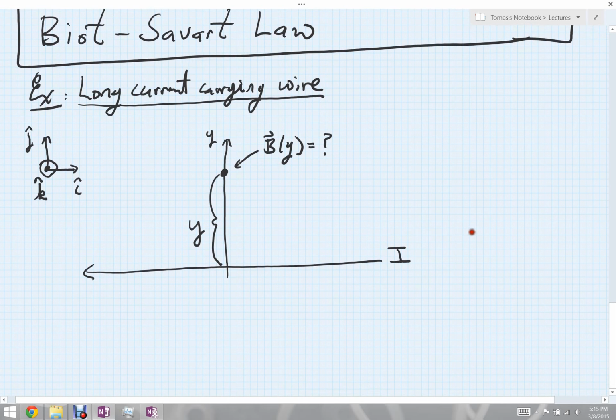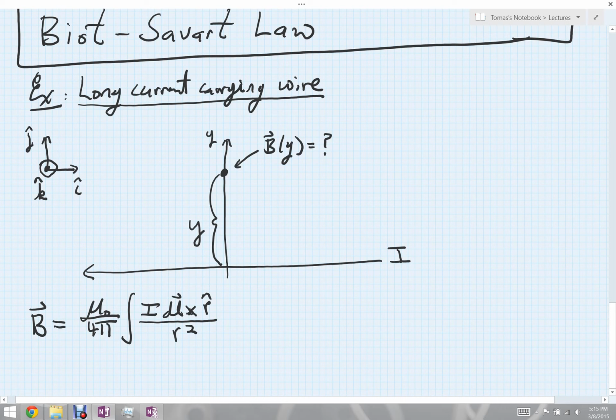I know that the magnetic field is going to be given by mu naught over 4 pi, those are the basic prefactors, integral I dl along my wire, cross r hat over r squared.